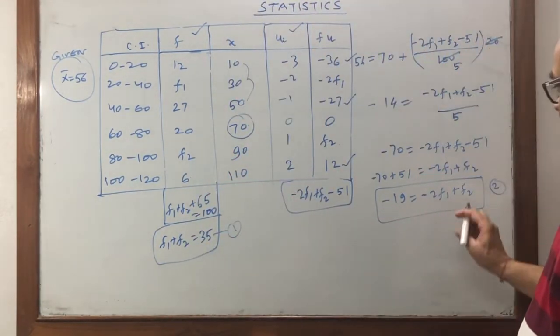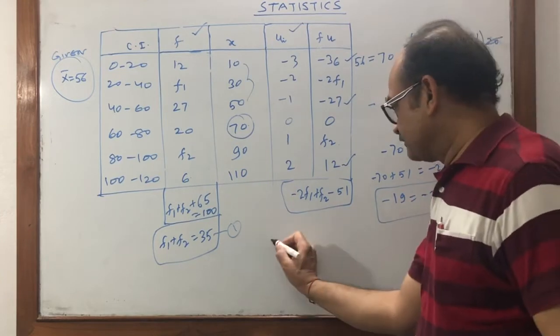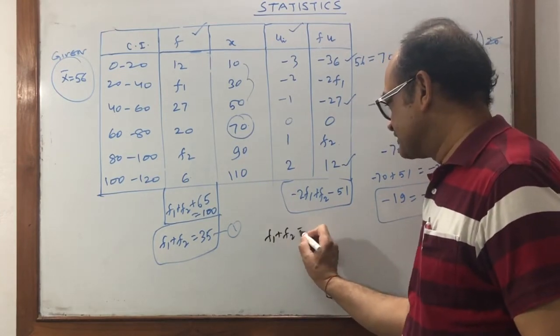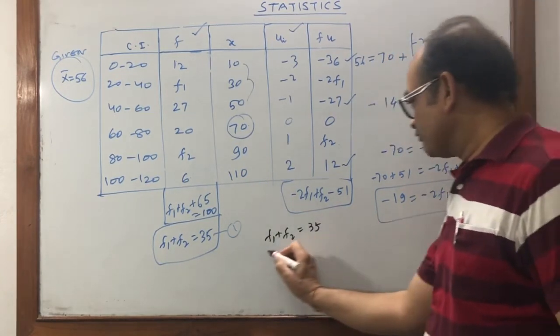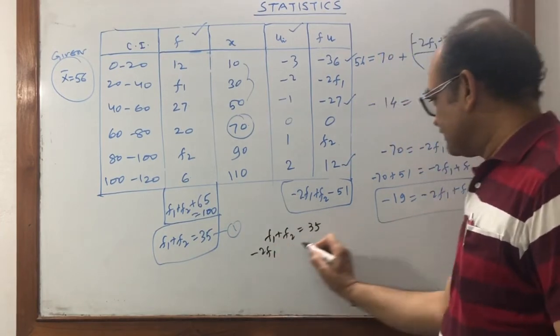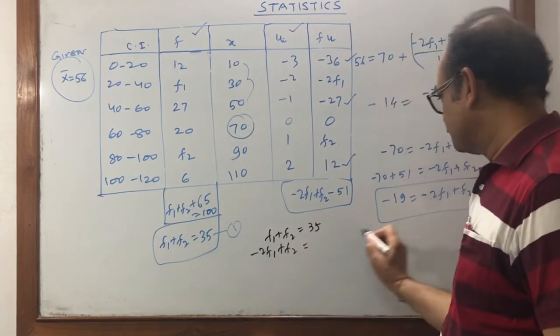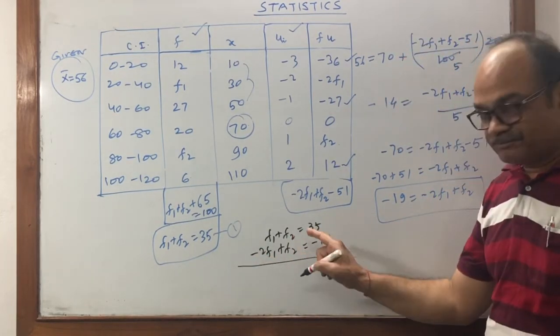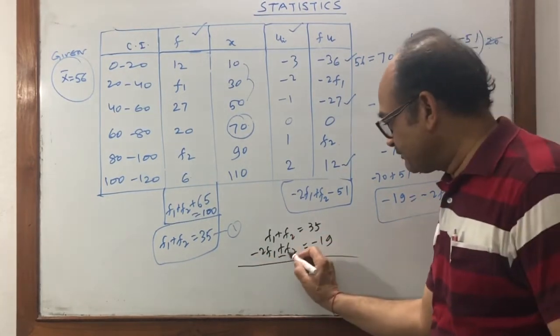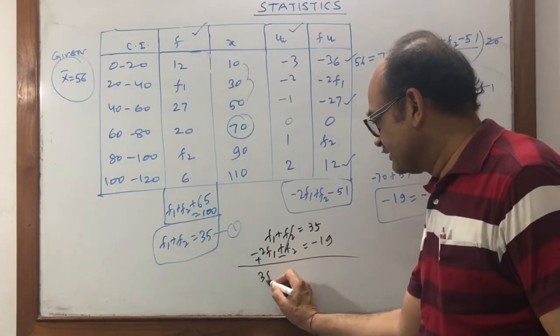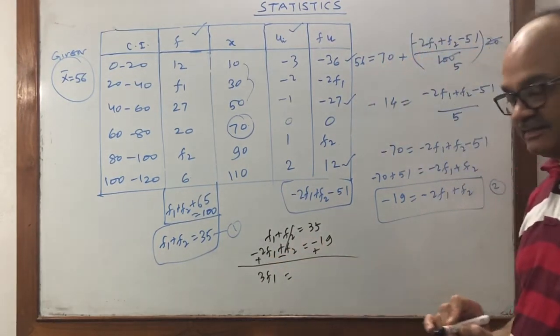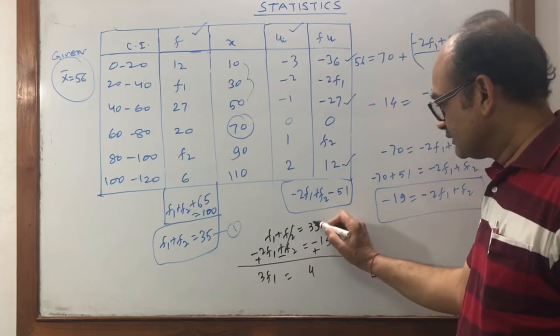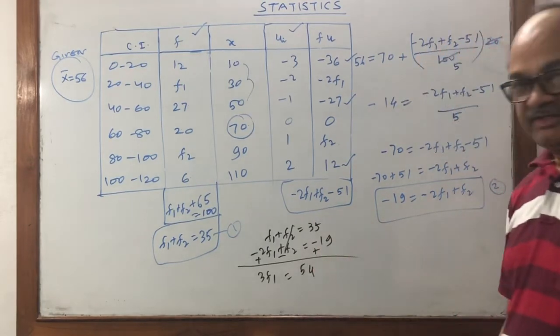F1 plus F2, and here we write F1 plus F2 is 35 and 2F1 plus F2 equals to minus 19. When signs are same, we can subtract it. So if we subtract these two, what are we getting? 3F1, subtract means add, 54.